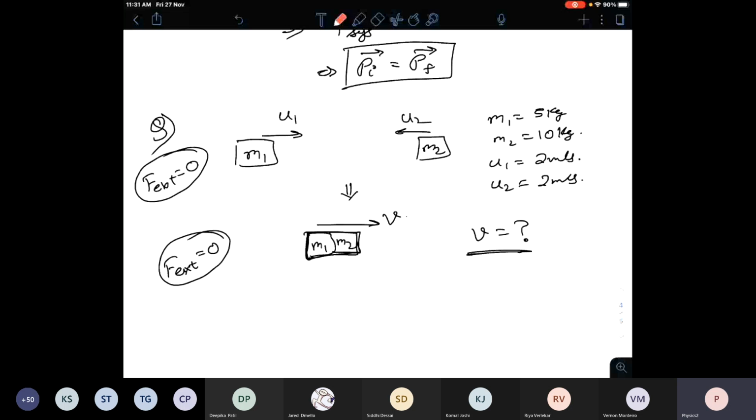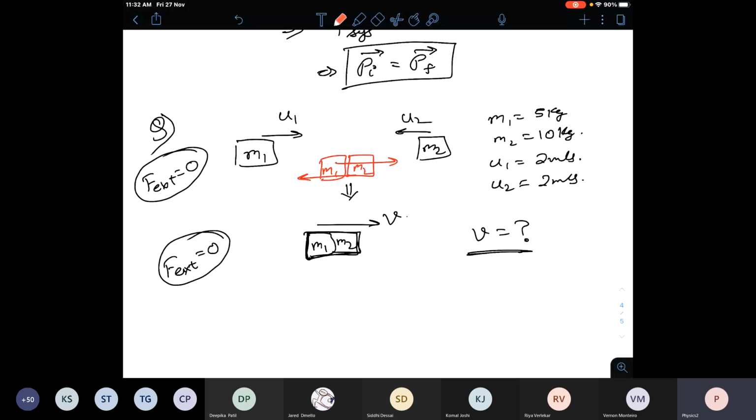See, when they collide, this is m1, this is m2. m1 will apply a force on m2 and m2 will apply a force on m1, because when you collide two objects, one object applies a force on the other and the other applies a force on the first.